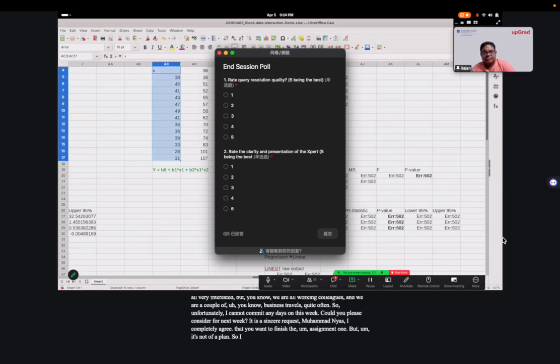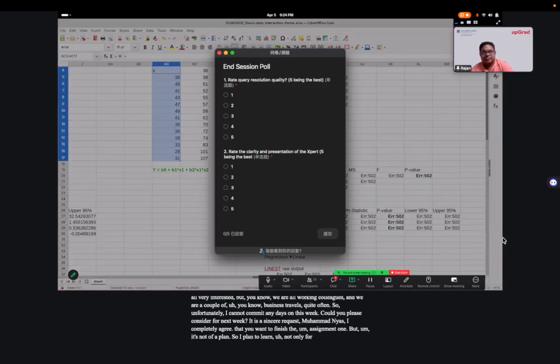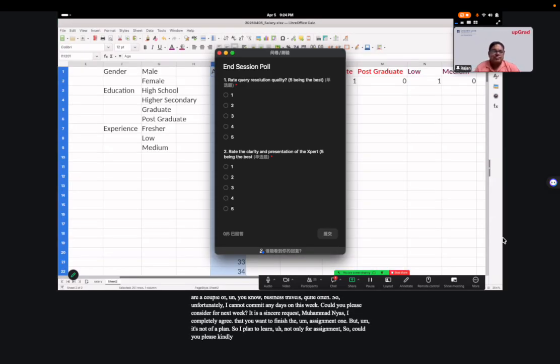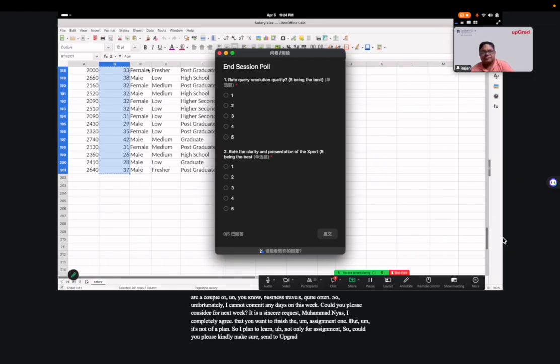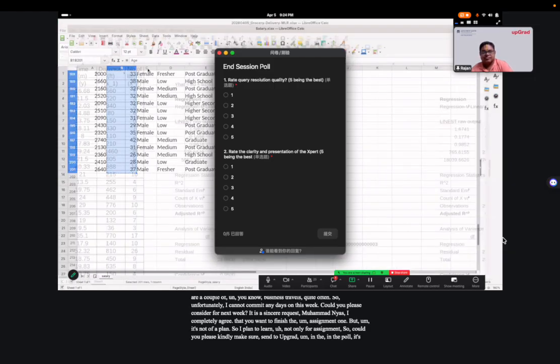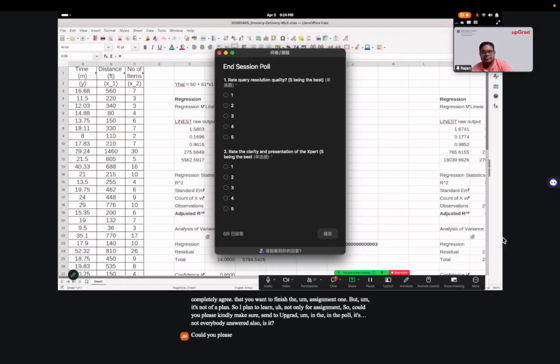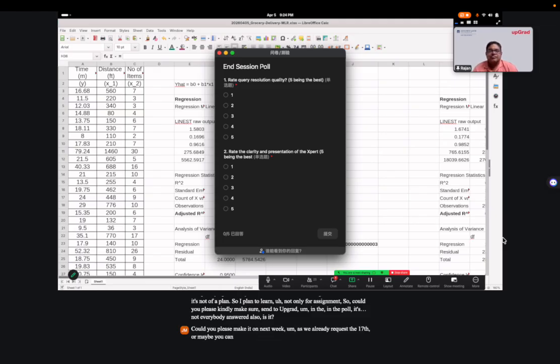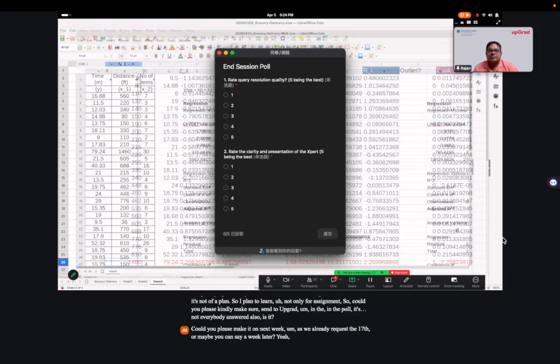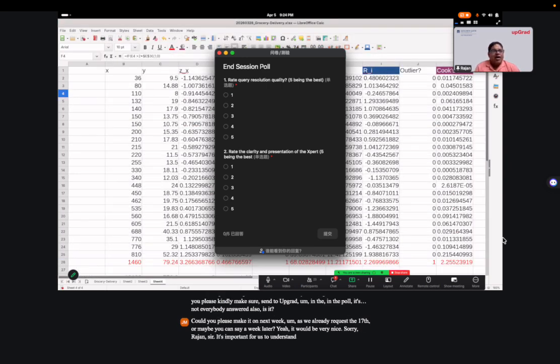I plan to learn, not only for the assignment. So could you please kindly send this to Upgrad? In the poll, not everybody has answered either. Could you please make it next week, as we already requested the 17th, or maybe a week later? Sorry, Rajan sir, it's important for us to understand, then finish the assignment.